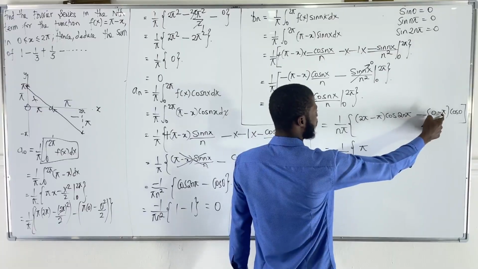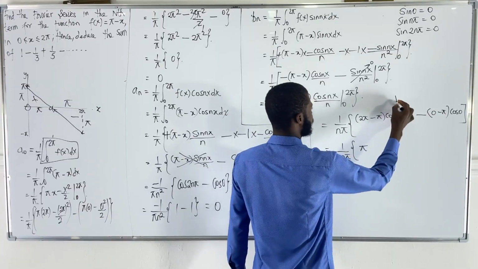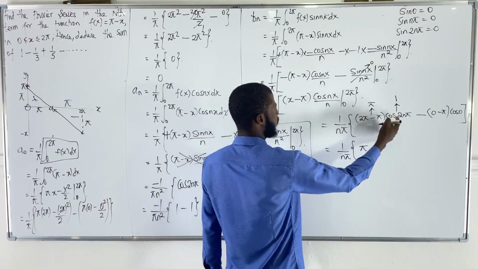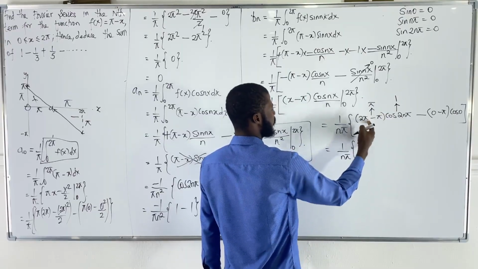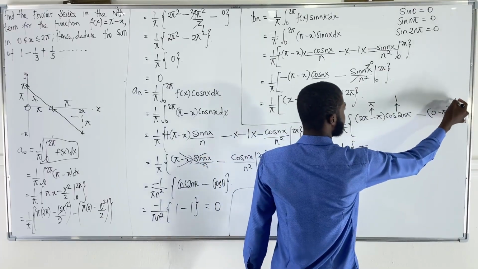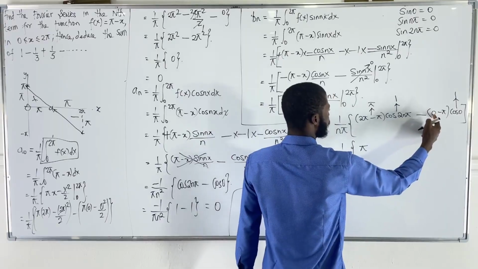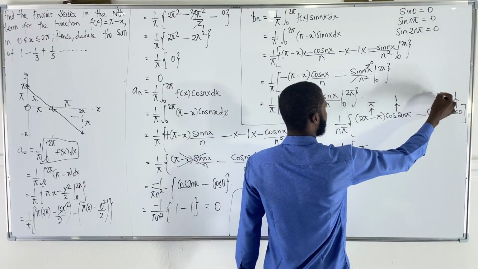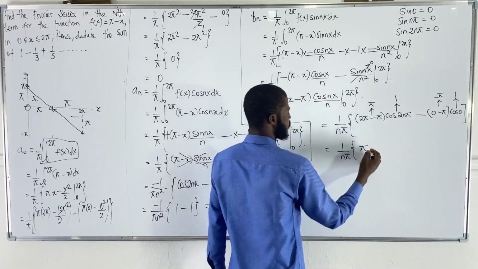Now over here, this cos 2n pi is 1, so 1 times this will give me pi. So pi times 1 is pi. Now here, cos 0 is still 1. So this here, 0 minus pi is minus pi. So minus pi times this minus will give me plus.